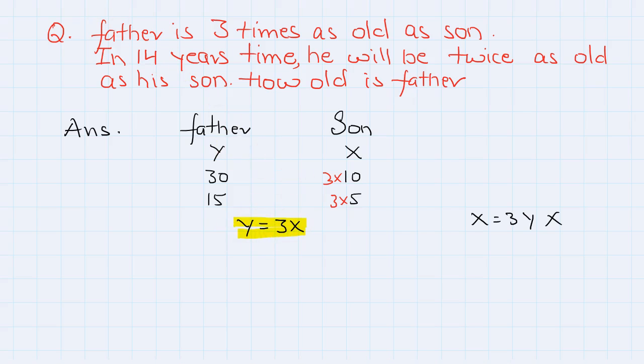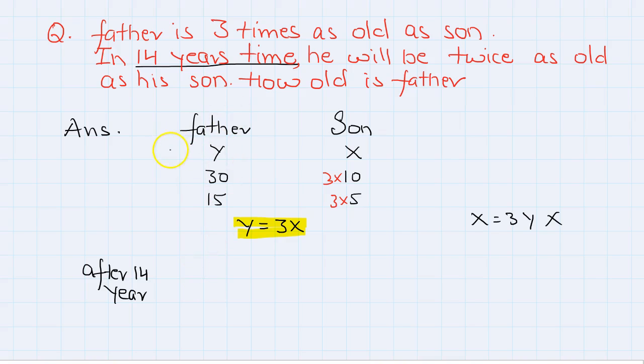Now let's study the second line. The second line says in 14 years. So we concentrate here, in 14 years' time. If the father is y, then what will be the age after 14 years? Suppose the age of the father is 40.